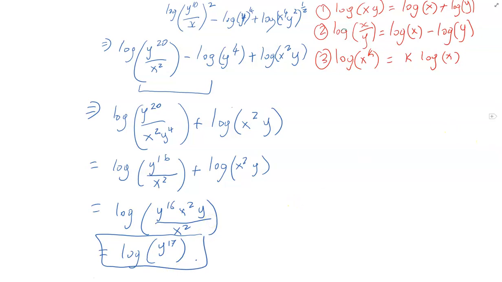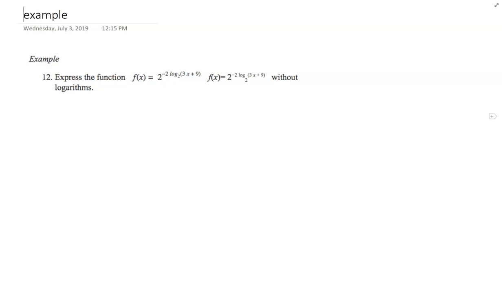All right, let's continue working with the laws of logs to solve this expression. Express f of x is equal to 2 to the negative 2 log base 2 of 3x plus 9 without logarithms. First of all, we want to apply law 3, the power law.